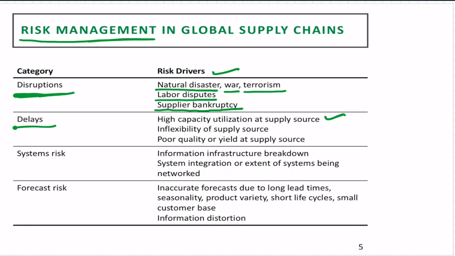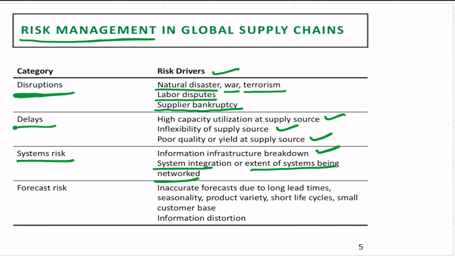Other drivers are inflexibility of the supply source, and poor quality or yield at the supply source. For example, if the yield is very poor, that is going to reduce productivity and lead to a lot of delays. If there is an information infrastructure breakdown, that obviously can cause problems. Similarly, level of integration or extent of system being networked can also have a big impact on systems risk.